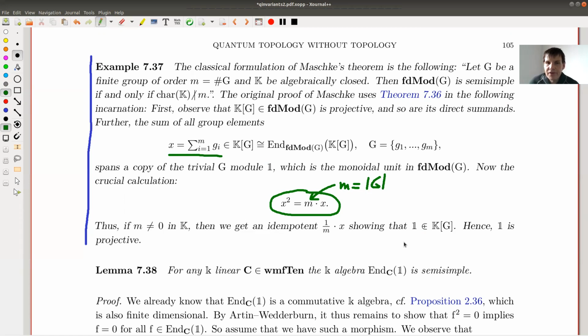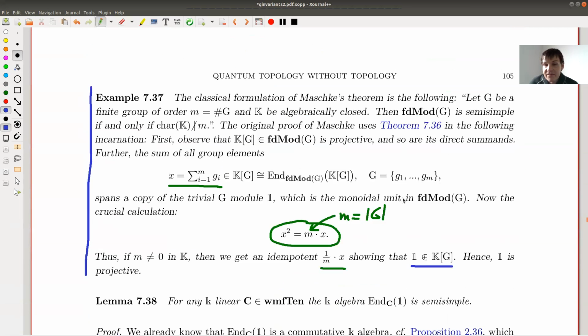And the way to get rid of this is to divide by the order of the group. Then you get an idempotent, which splits off the identity from the group ring. Which basically means that the identity is projective, which by this theorem means that the category is semi-simple.